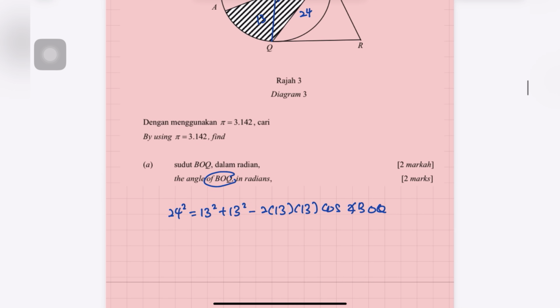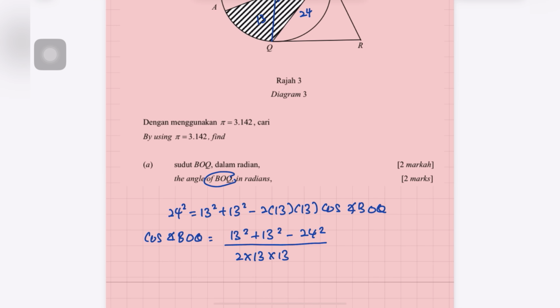So cos angle BOQ equals to 13 squared plus 13 squared minus 24 squared over 2 times 13 times 13.